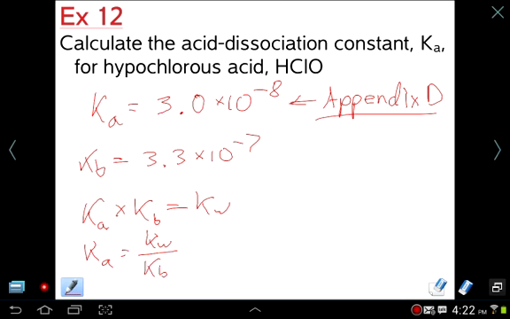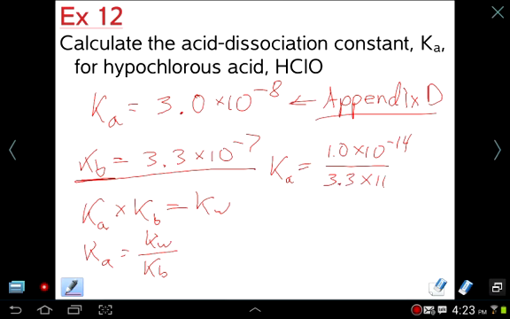The writing is a bit messy, but our Ka can now be derived from the given Kb earlier in the notes. Kw is a constant, the dissociation constant of water, 1.0 times 10 to the negative 14, divided by 3.3 times 10 to the negative 7. So go ahead and plug this into your calculator and see whether you can verify the Ka of our acid.